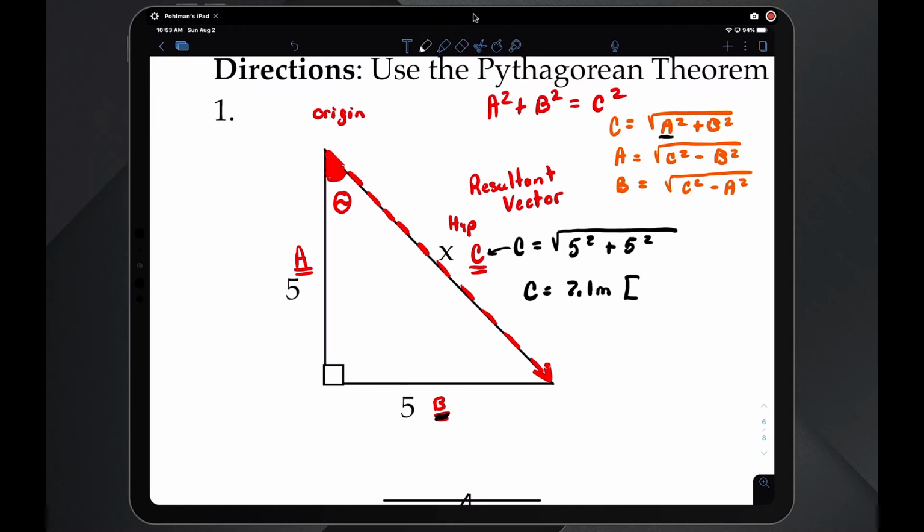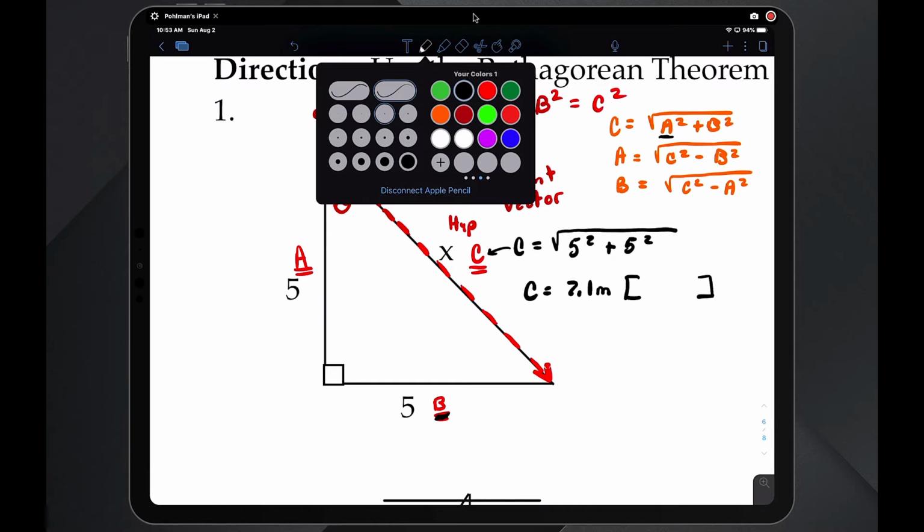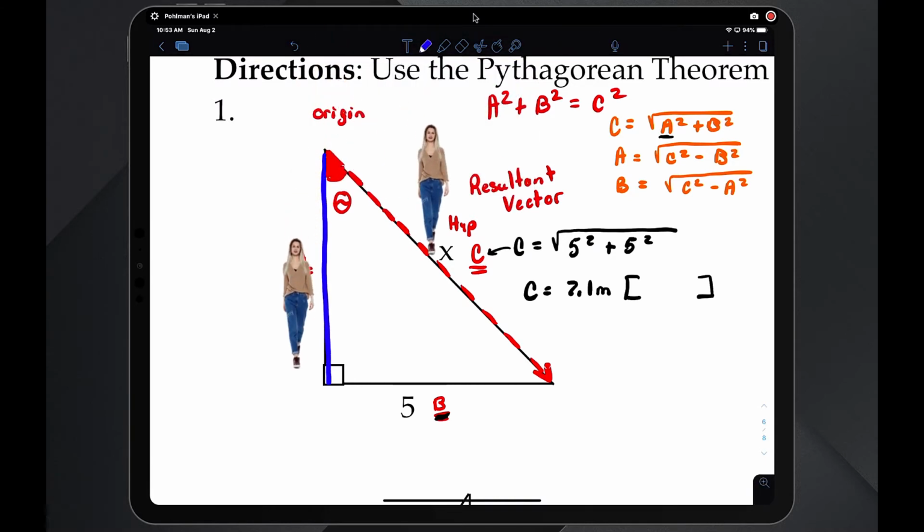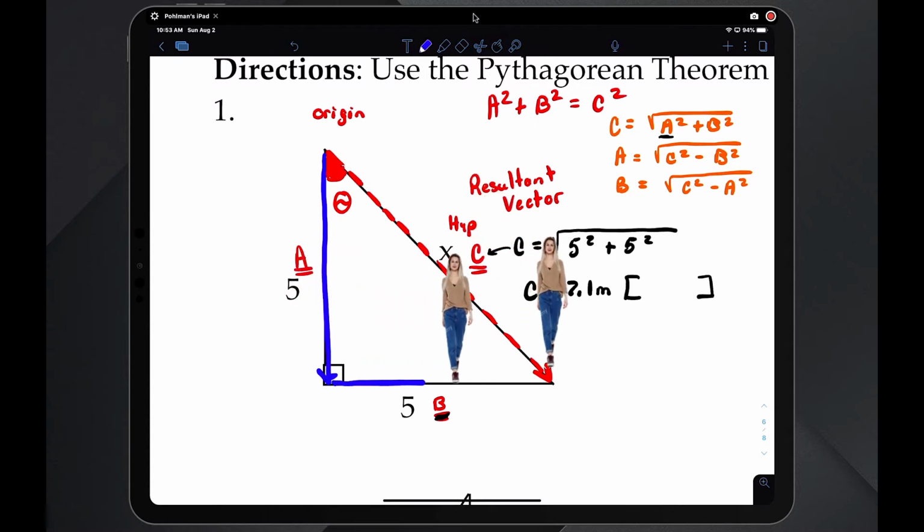Then we need a direction, because this is a resultant vector, and vectors have both magnitude and direction. In order to make that red line, we need some part of that going down and some part going to the right.